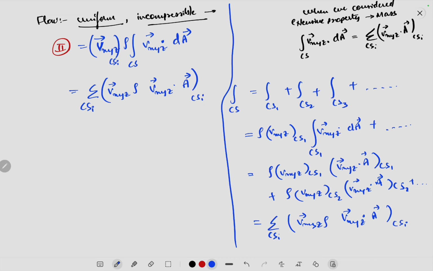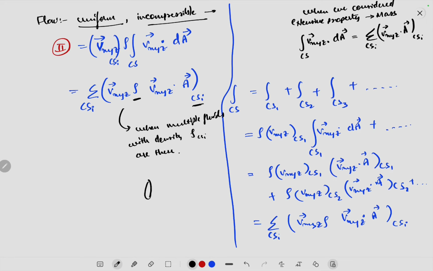Again, this expression contains rho at that csi, which means this is for the case when multiple fluids with density rho at csi are there.